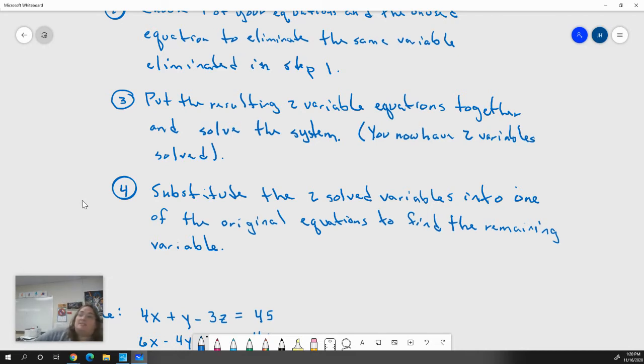Now, I know that this sounds like a lot, and it is a lot. There's a lot of work that goes into solving three variable equations. Take it one step at a time. Try not to look at the big picture, and let's just go one step at a time. Otherwise, it seems like just so much, right?